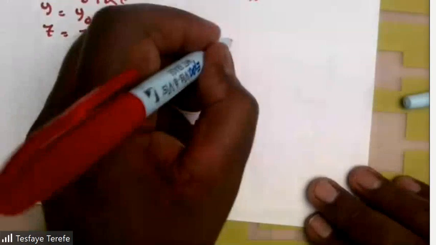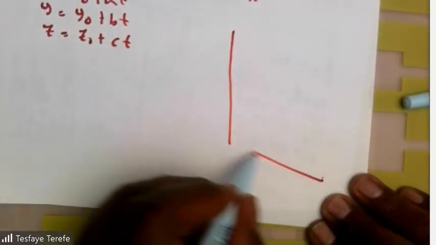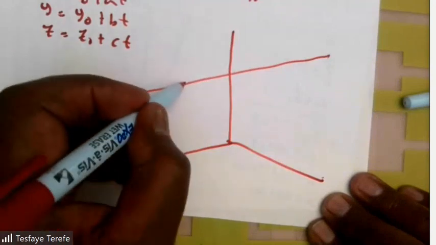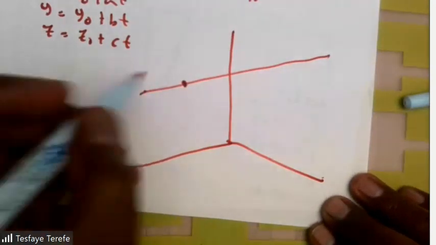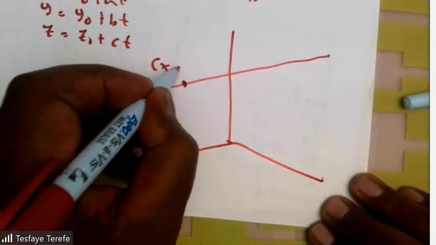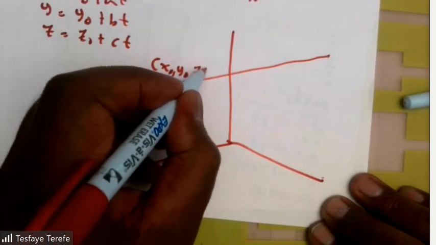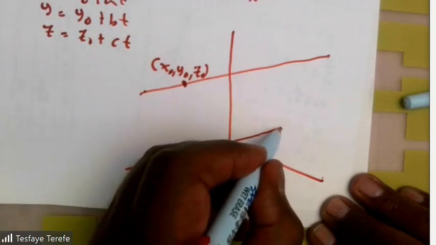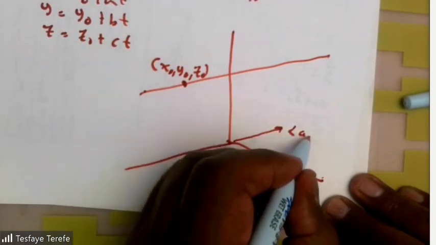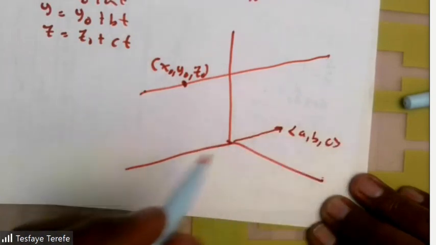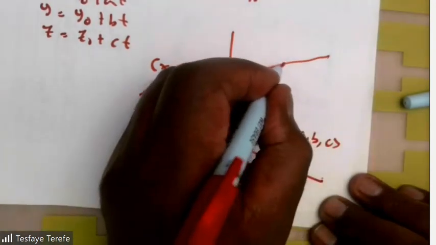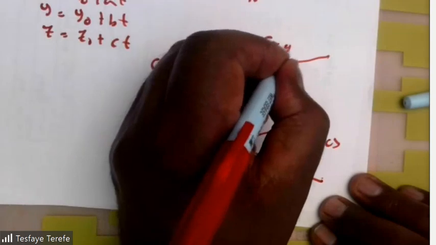For example, if you have a line in 3D and it has a point with coordinates x sub 0, y sub 0, z sub 0, and a direction vector with components, let's say, a, b, c, and you pick a point here with coordinates x, y, and z.